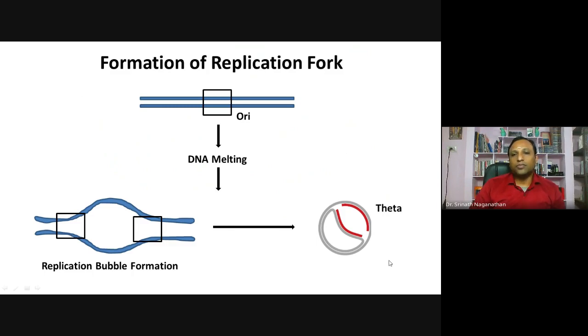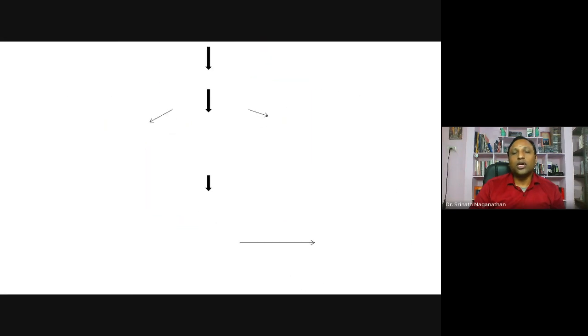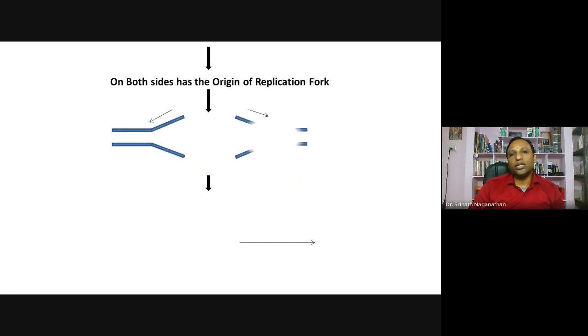After this process, we can see that on both sides, it has the origin of replication fork. These are the replication forks which are being formed here. After this, one of the strands moves in the anti-clockwise direction. The other strand goes in the clockwise direction.